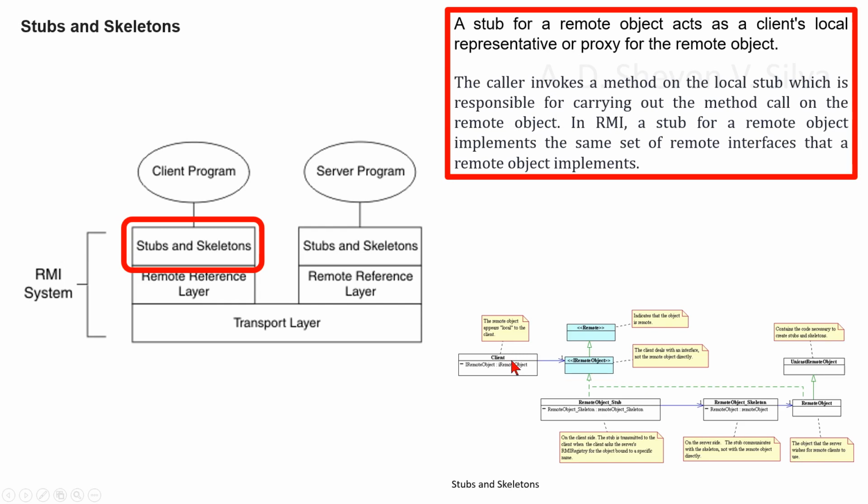Here you can see Remote indicates that the object is remote, and here you can see remote object stub and remote object skeleton.